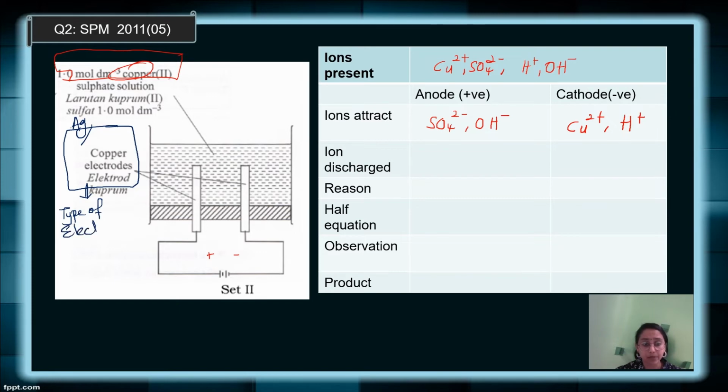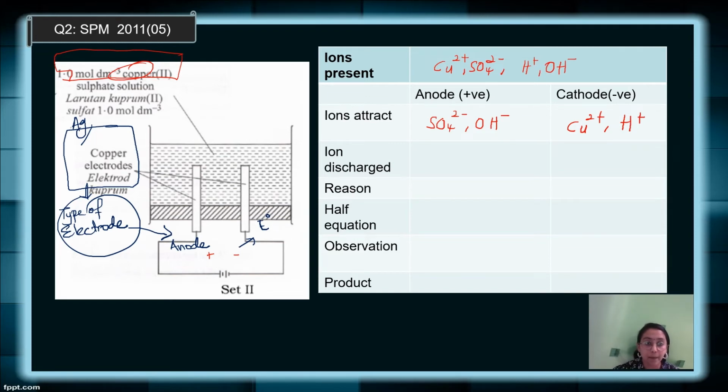And one more thing I want to remind you: type of electrode is only applicable for the anode. When you choose the selective discharge of the ions, you only consider this factor for the anode. For the cathode, we go back to E-naught values.